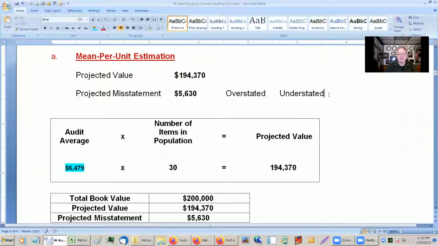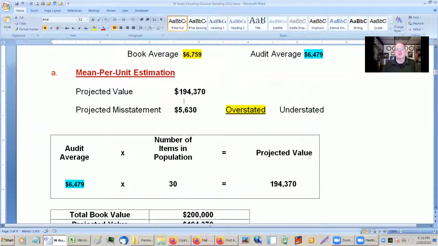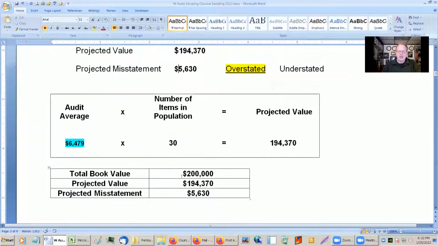Do they have more on the books than they're supposed to, or less? They have more, so it's overstated by 5,630. They have 200,000 on the books; we say it should only be 194.